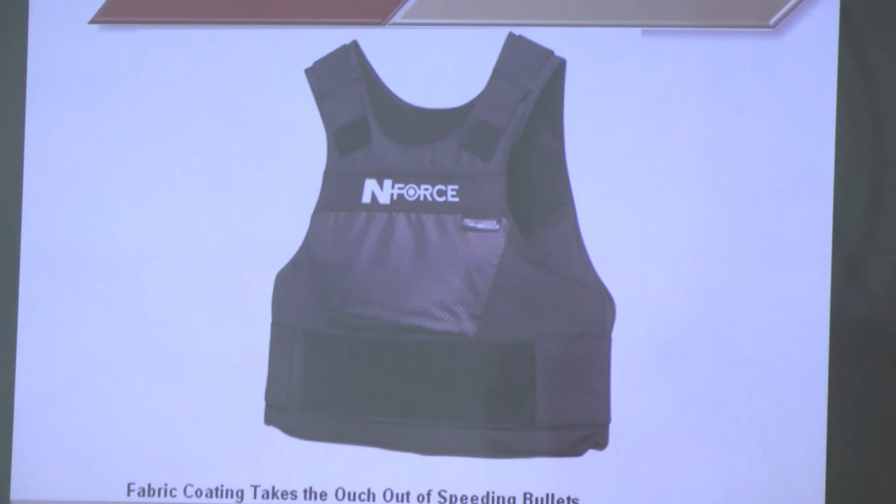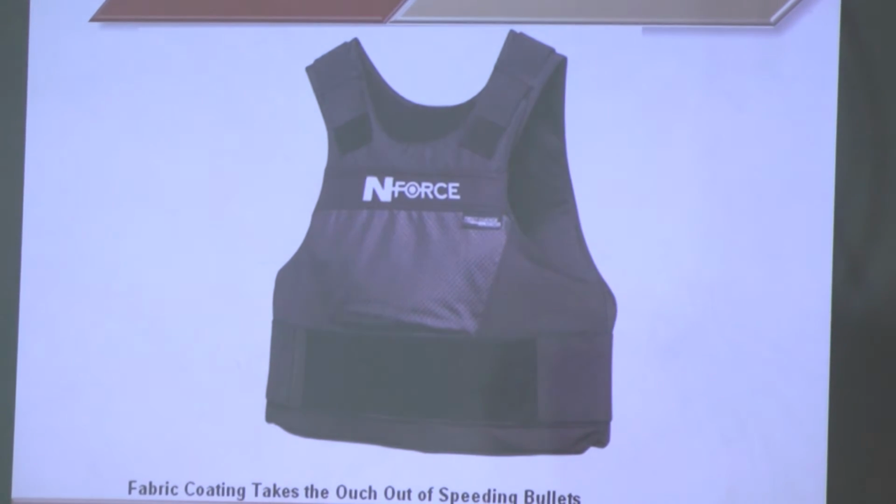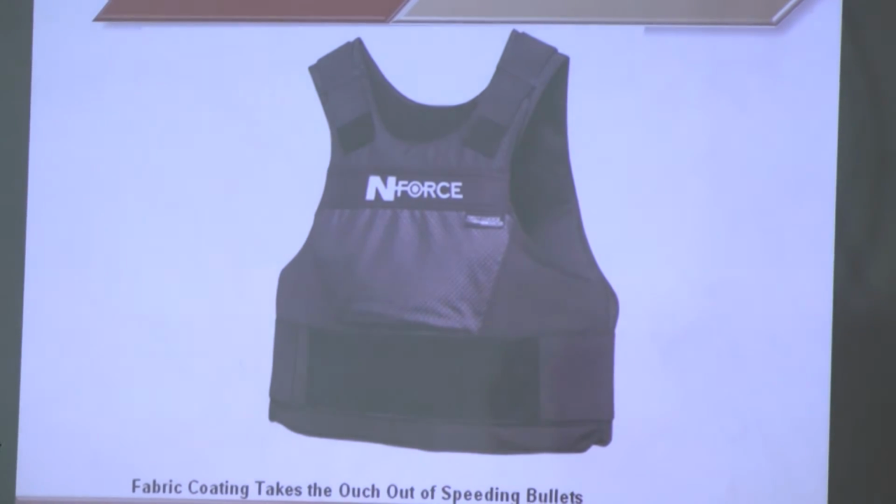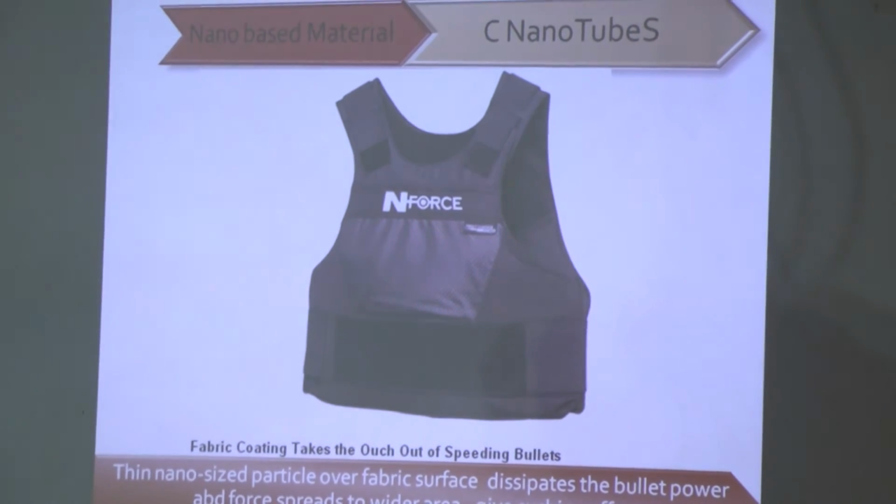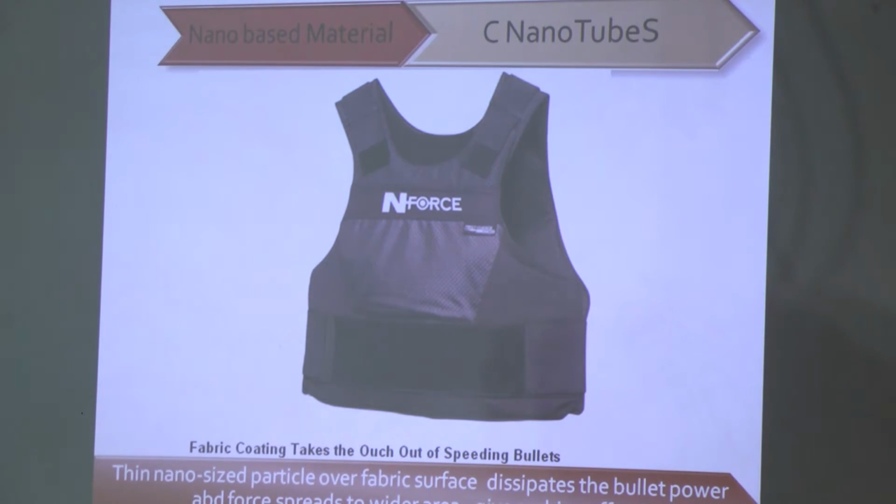What is the role of this kind of jacket is one has to dissipate that kinetic energy, and that whole energy should be contained, it should not be transferred to the inner body.